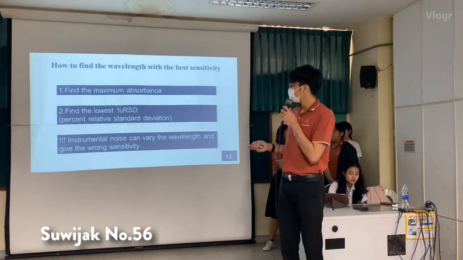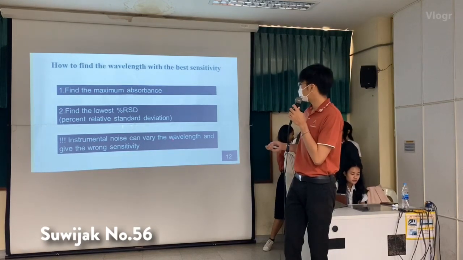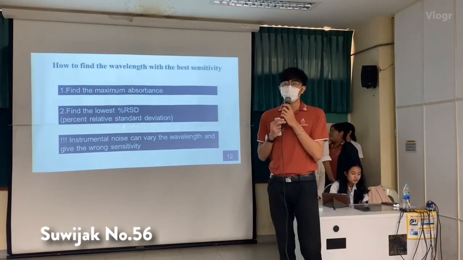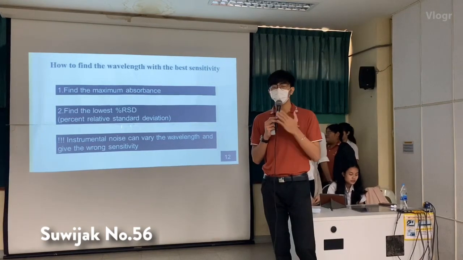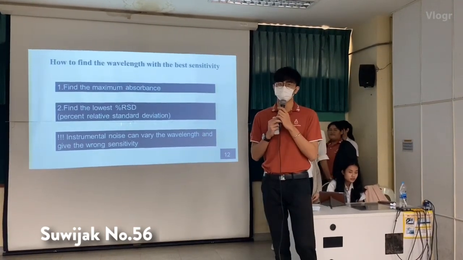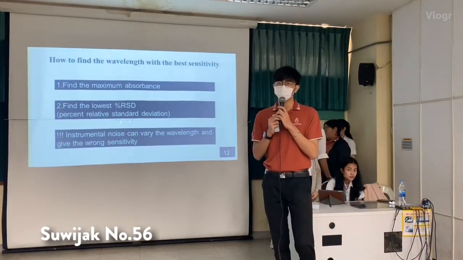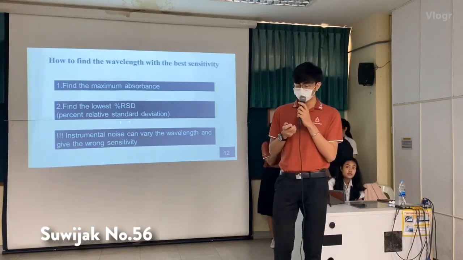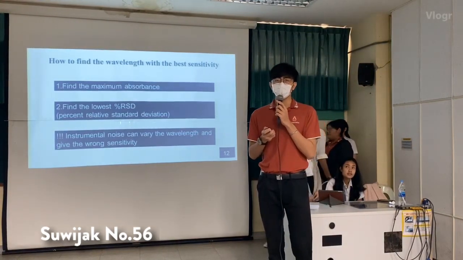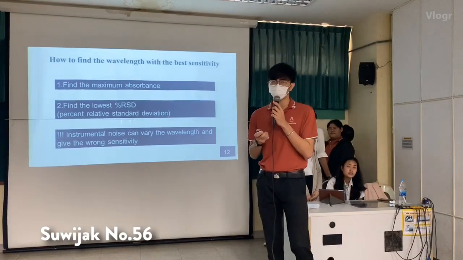However, because instrumental noise can vary across the wavelength range and affect the mean and standard deviation, both of these are used to calculate the percent RSD and will give higher or lower results.